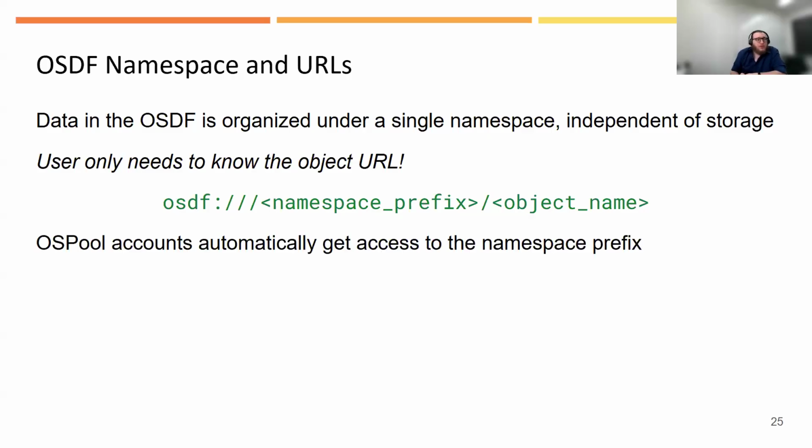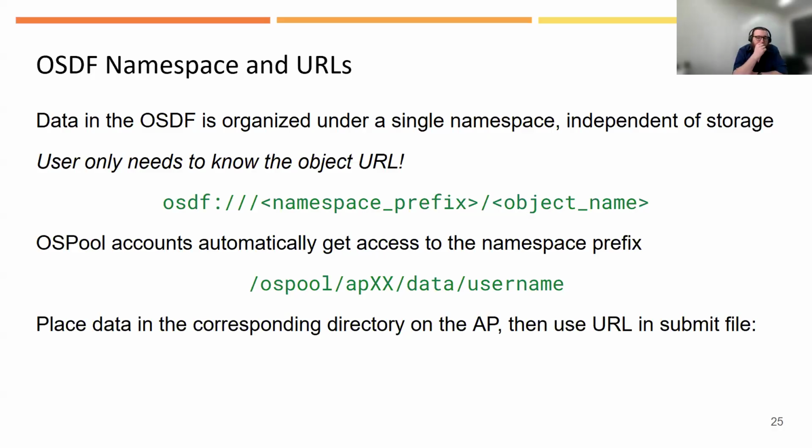For folks with OSPool accounts, and we'll talk more about this in a bit, OSPool accounts automatically get access to the namespace prefix OSPool / their AP and whatever the number is for their access point, /data / their username. So there's a corresponding directory that they can access through the AP, and they just place the data in that directory.